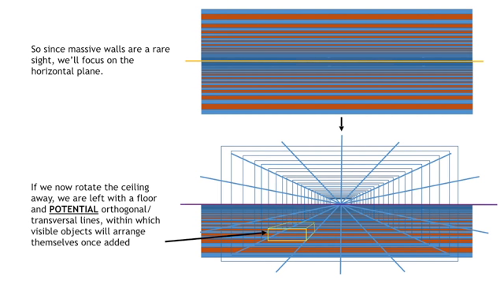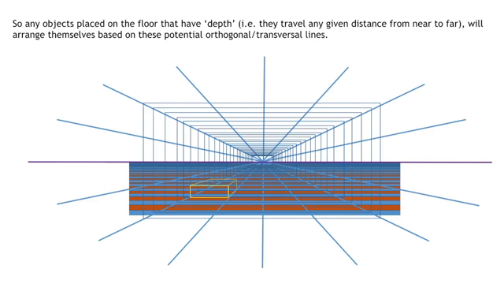But as soon as you place something there, it will arrange itself according to these potential lines, which are these blue lines here. So any objects, again, placed on the floor that have depth, i.e. they travel any given distance from near to far, will arrange themselves based on these potential orthogonal and transversal lines. If they do not have any depth, they will arrange themselves along the transversal lines.